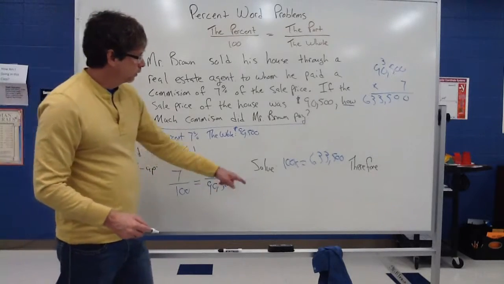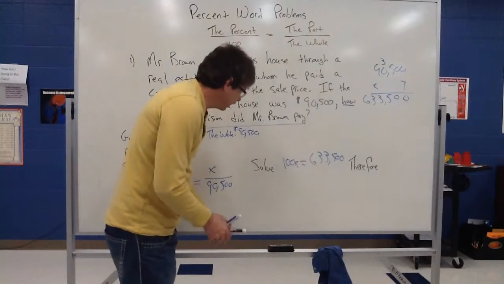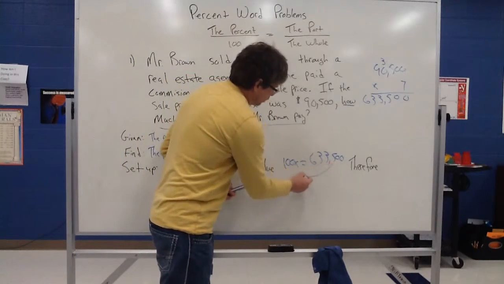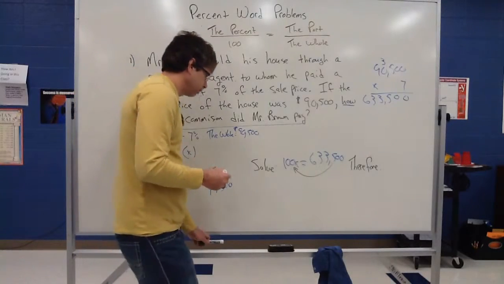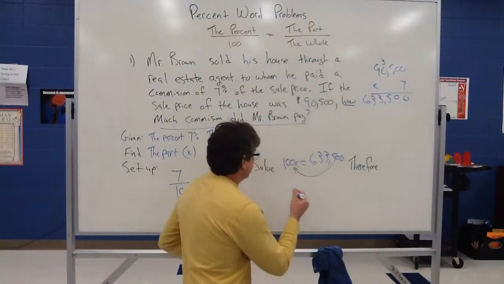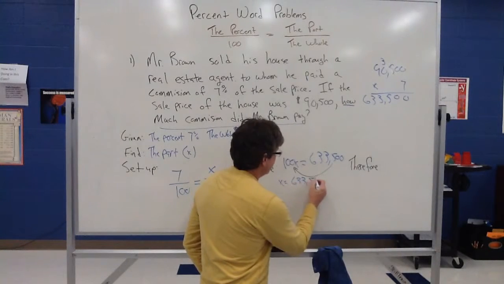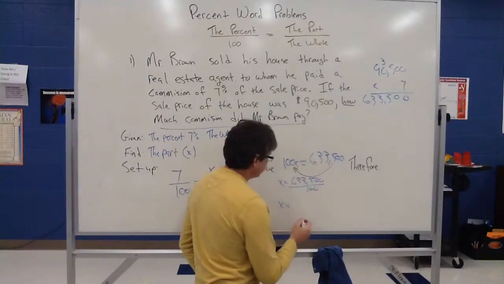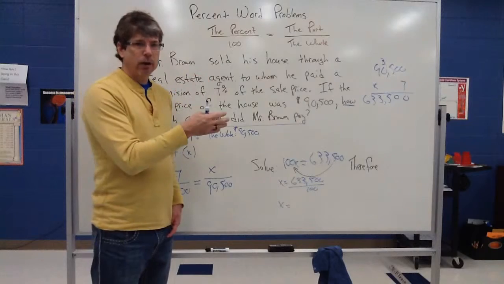So now we know that since this is multiplication, we can kind of think backwards to multiplication, and that tells me that I actually can divide by 100. So x is going to equal 633,500 divided by 100. And what we've learned is dividing by 100 is kind of like dividing by 10 twice.